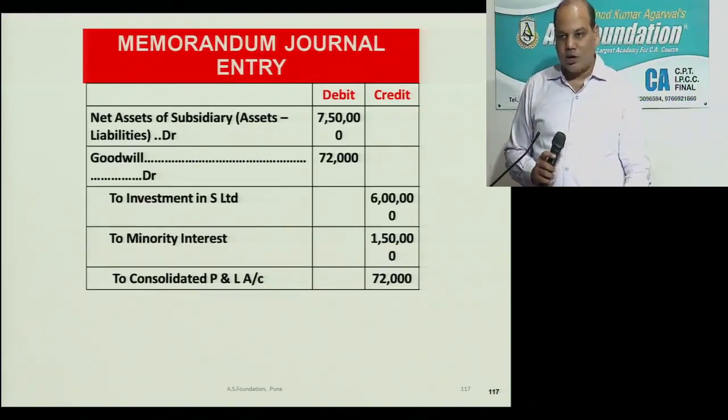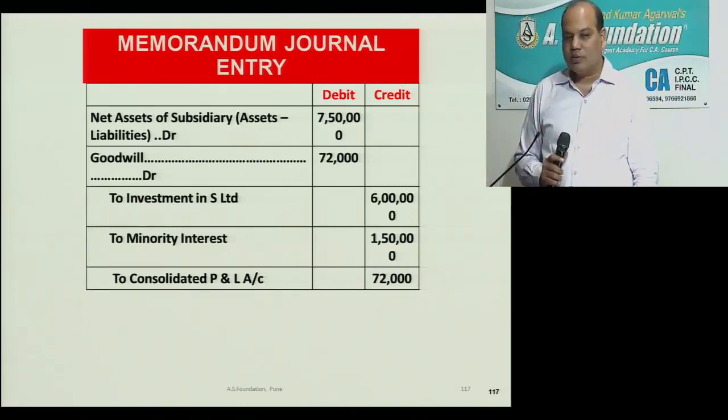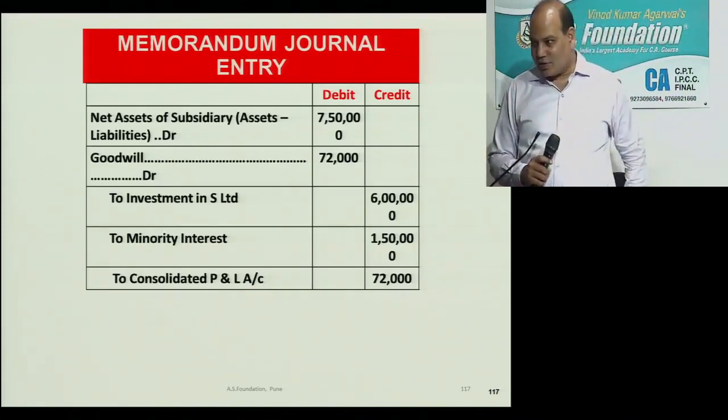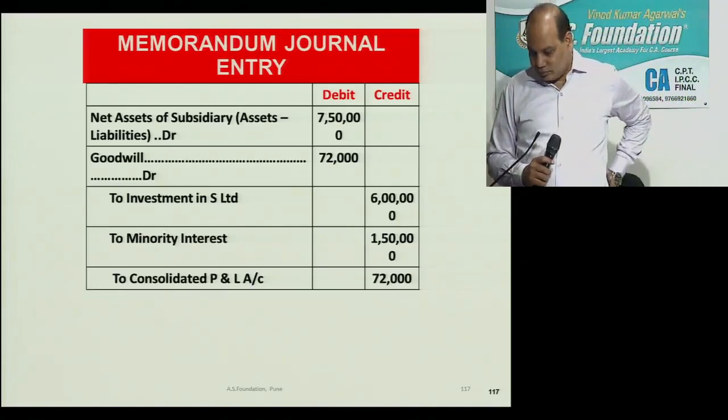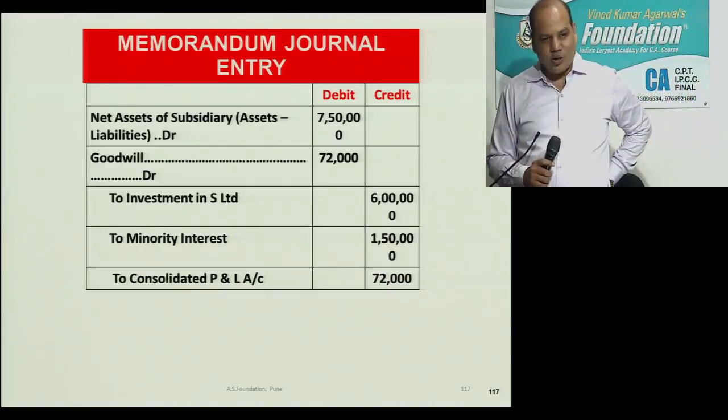Then goodwill account debit 72,000. To investment in S Limited account 6 lakh. Cancel it. Then to minority interest I will incorporate, total 1,50,000. Wait.